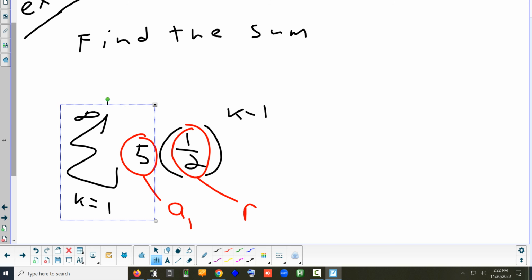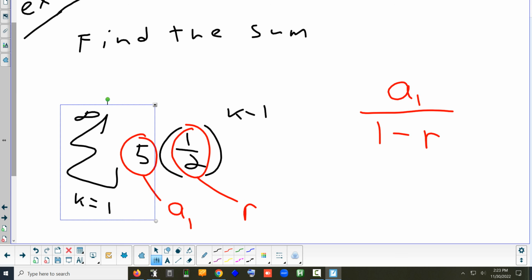So what's my formula for adding up infinitely many terms in a geometric sequence? Great. A1 over 1 minus R.